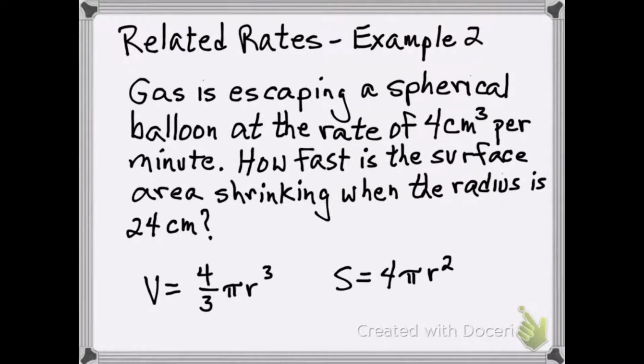So first let's take the equation V equals 4/3 pi r cubed, and we're going to take the derivative of both sides of this equation. So we get dV/dt, since we're assuming that V is a function of time and that r is also a function of time. On the right side, we'll be taking the derivative of the r cubed function.